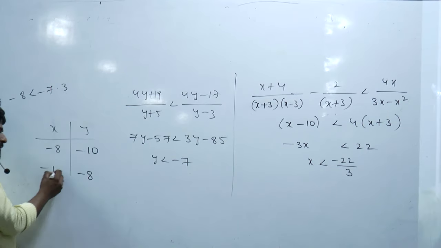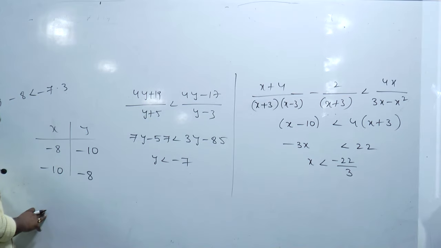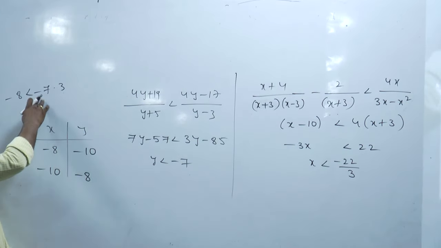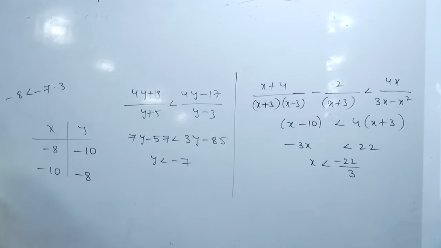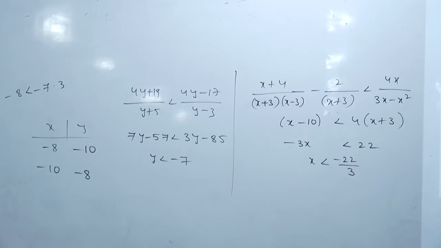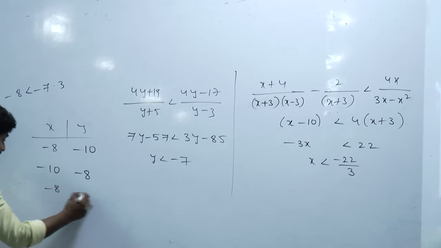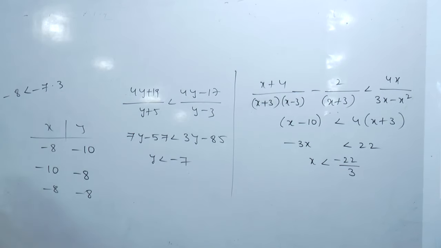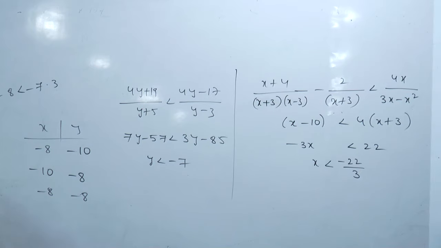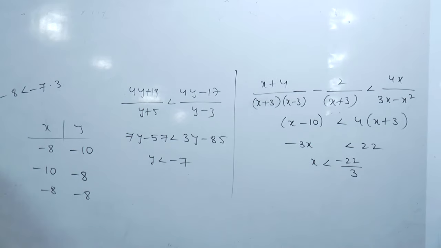For x, I will take -10 now, because my number should definitely be less than -7.3. We get the conclusion here itself: one less than, one greater than. The relation cannot be established. Or you can take -8 for both: x equal to y. x less than y, x greater than y. The relation cannot be established. Both positive numbers, relation cannot be established. Both negative numbers, relation cannot be established.